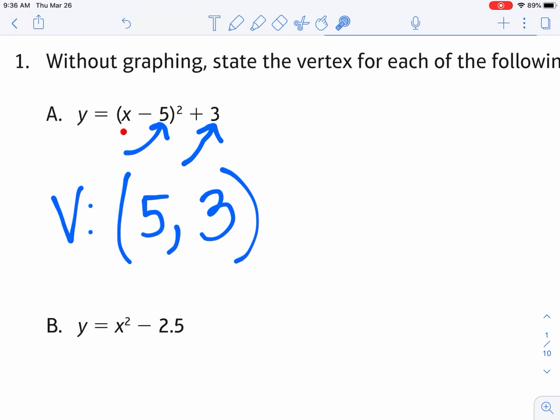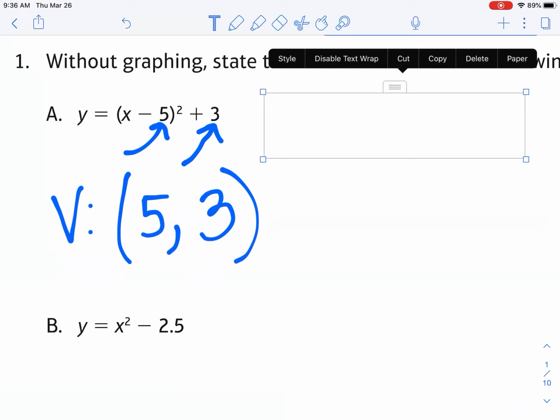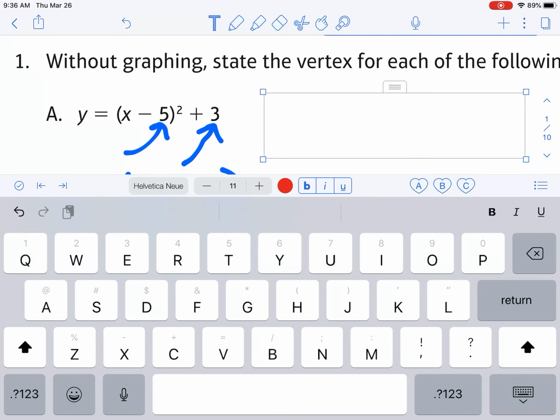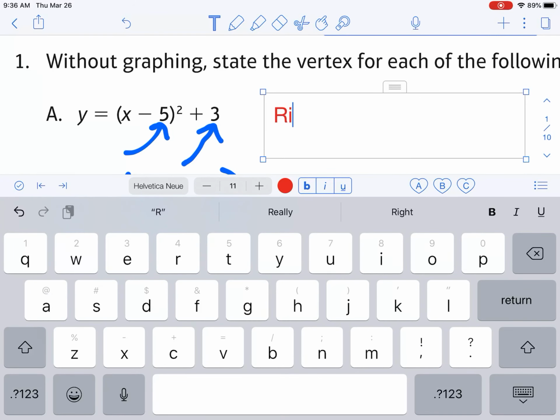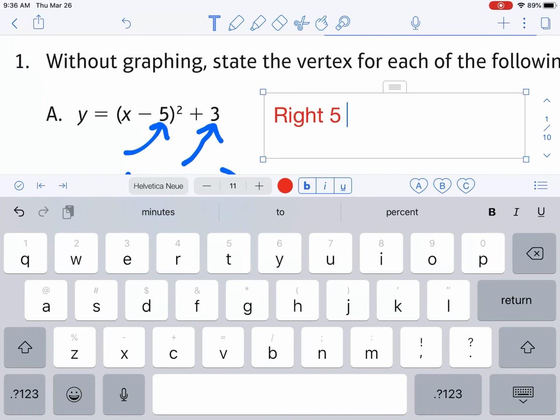So your vertex moves right 5 units, up 3. We're going to write those transformations down as we go. The opposite of negative is positive, so it's going to go right. The vertex moves right 5 units and up 3.